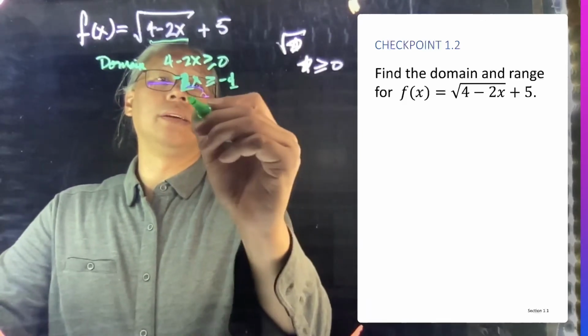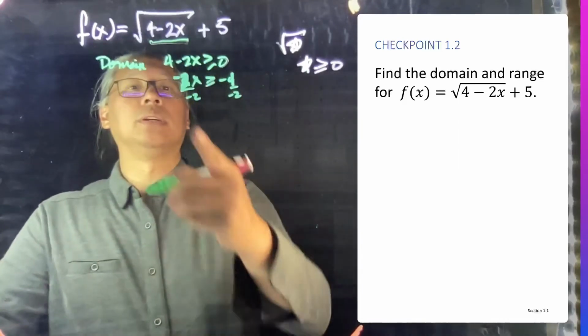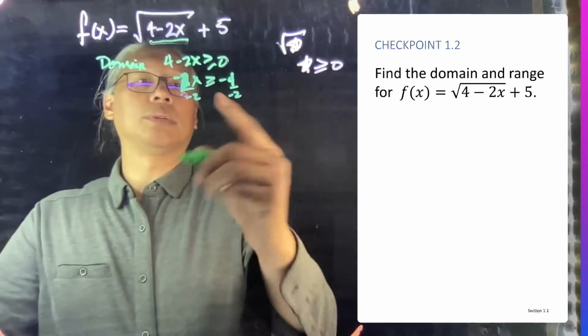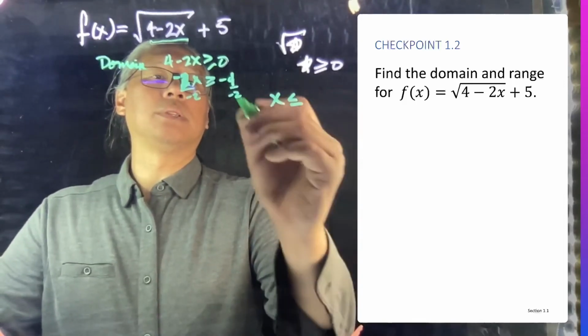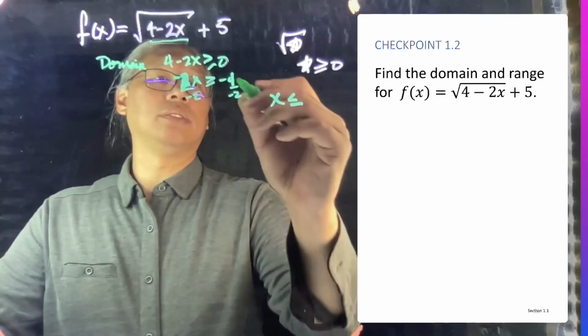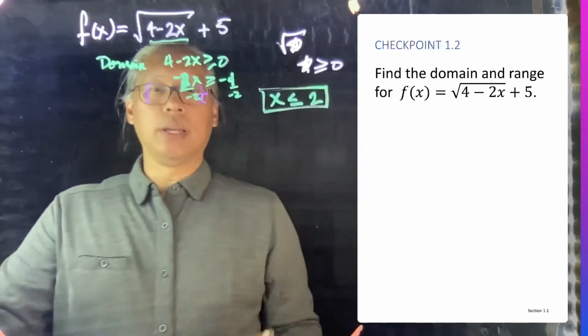Whenever we multiply or divide by a negative number, we need to switch the sign. So finally we get x is less than or equal to 4 divided by 2, which is just 2. So this is your domain.